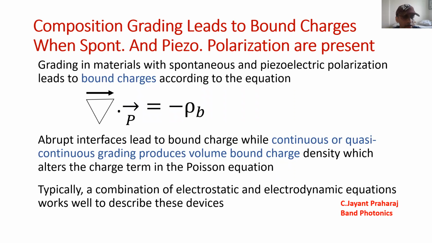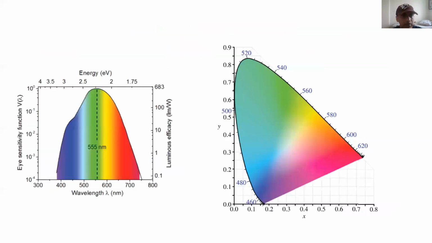And according to basic electrostatic and electrodynamic equations, the divergence of the polarization leads to bulk bound charge densities, and that affects device properties. If there are abrupt interfaces between two semiconductors with these kinds of polarization, we get bound sheet charge density at the interface. Typically, a combination of electrostatic and electrodynamic equations works well for these devices.